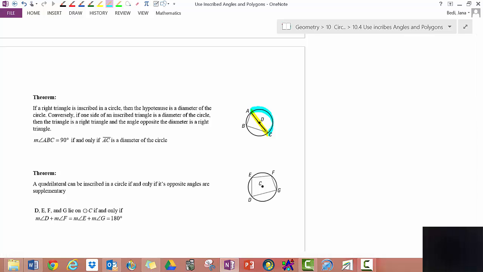Its measure is 180. So let's write that down. Measure of arc AC equals 180 degrees. And we just learned the theorem that the inscribed angle, which is angle ABC, will be 90 degrees. In fact, we can indicate that, can't we?